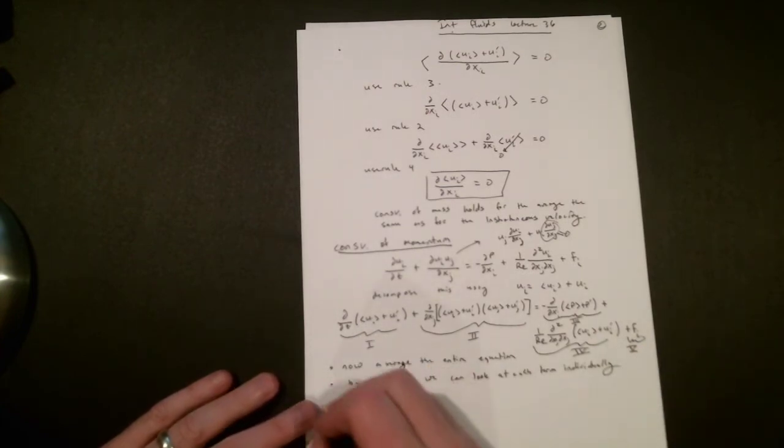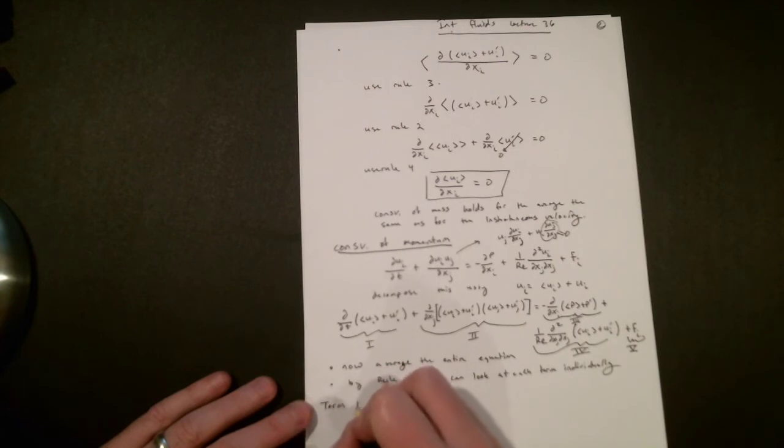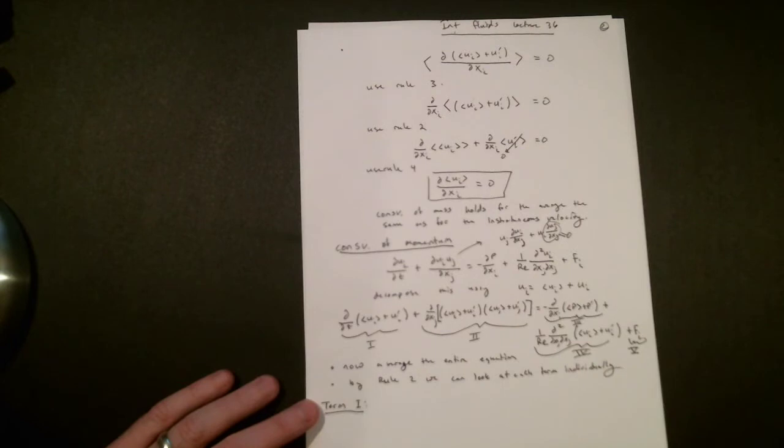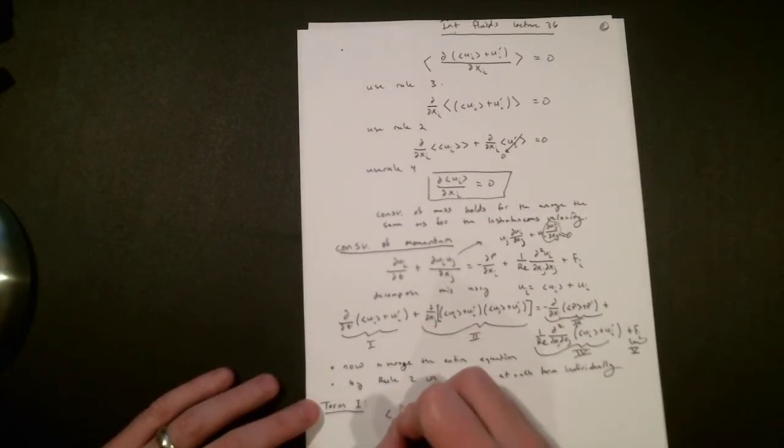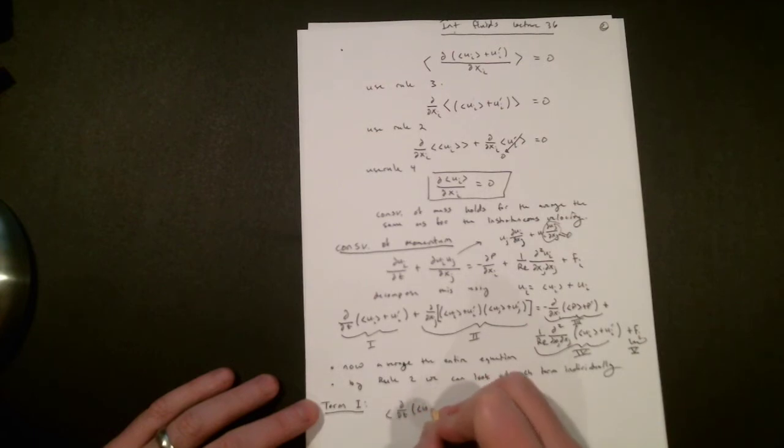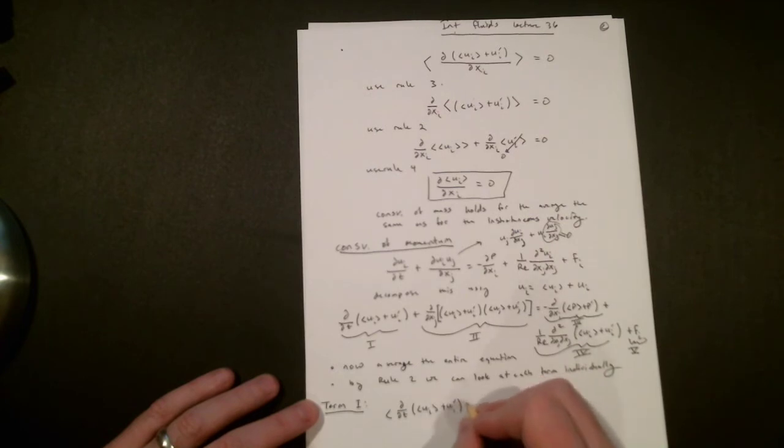So let's look at term 1 first. Hopefully this all looks pretty straightforward by now, as you can see the pattern for how this starts to go. Term 1 basically says that we have the average of the partial derivative with respect to t of the ensemble average of ui plus ui prime, all averaged. We can now use rule number 3 to move our derivative outside of this ensemble.